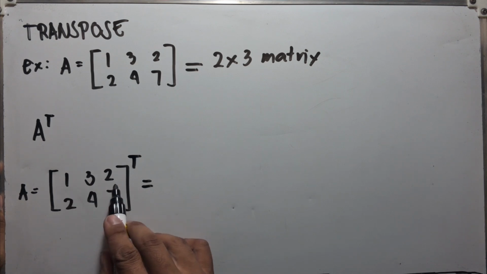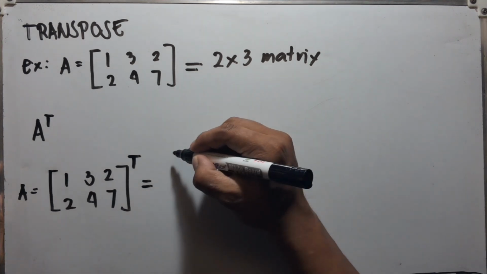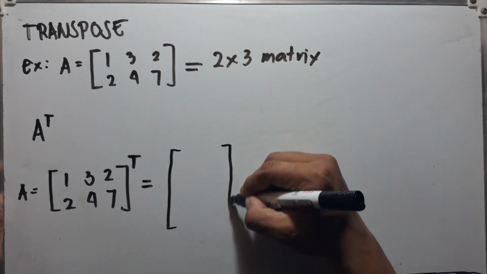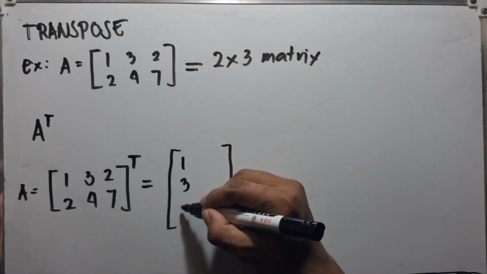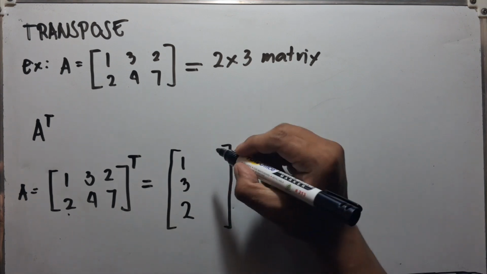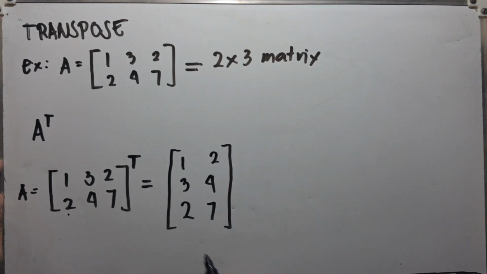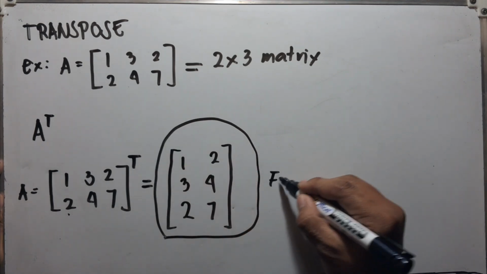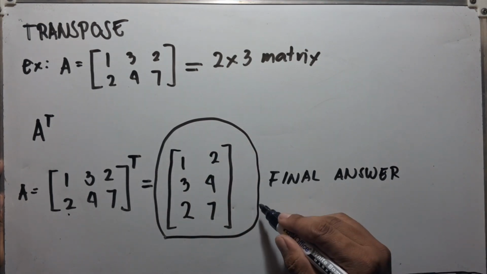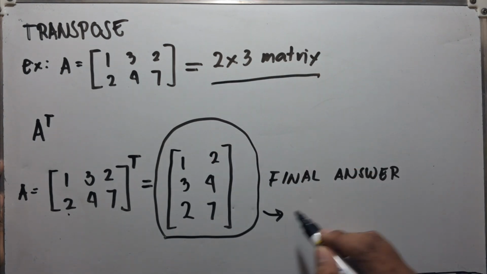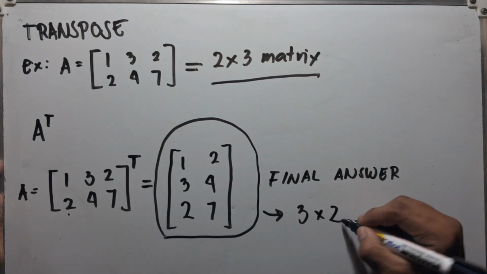In order to transpose it, we just make the first row of matrix A into the first column of matrix B, and the second row of matrix A will become the second column of matrix B. Just like that, see the process. We now have our final answer, which is 1, 2, 3, 4, and 2, 7. And it became a 3 by 2 matrix.